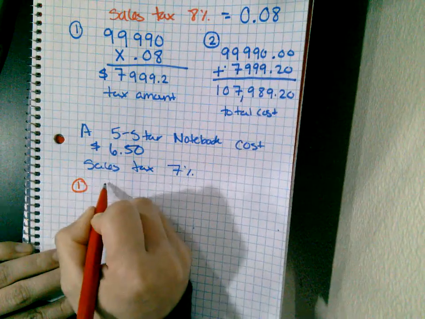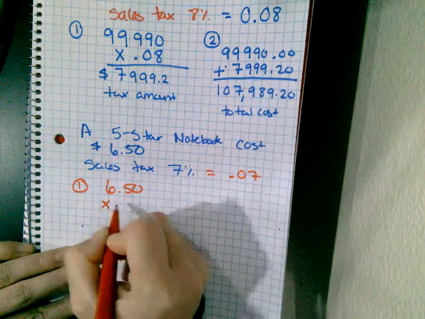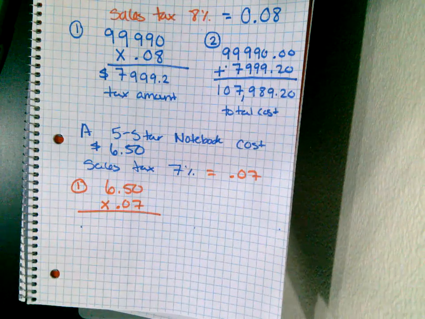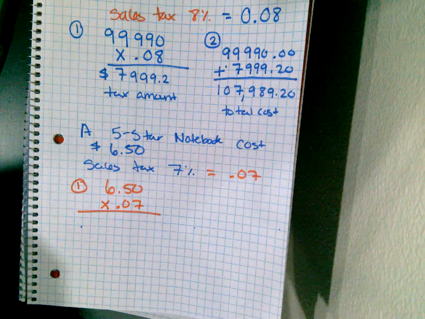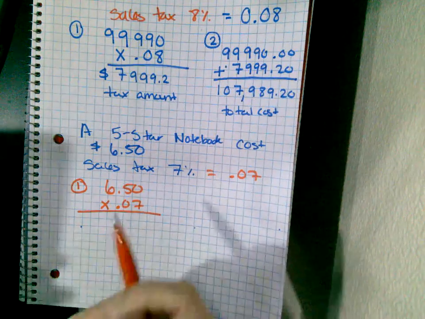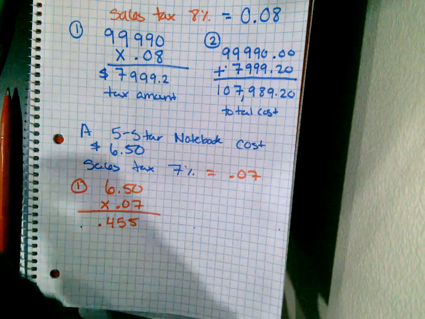Okay, step number 1. Take $6.50 and multiply it by 0.07. Use a calculator. 6.5 times 0.07 gives us 0.455. This is a perfect example of rounding.